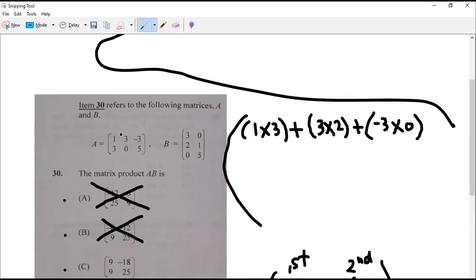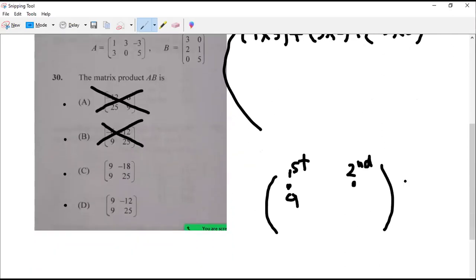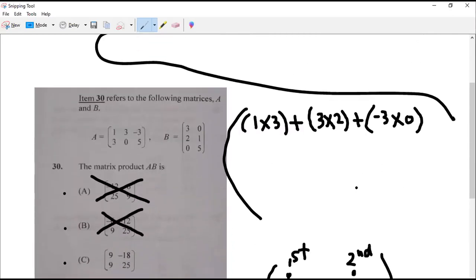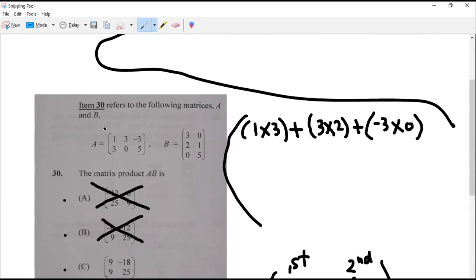All right. So to get the second number to the right, we use the same first row, but not the first column of the second matrix. But the what? The second column of the second matrix. All right.